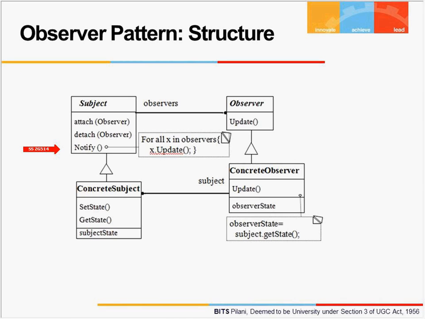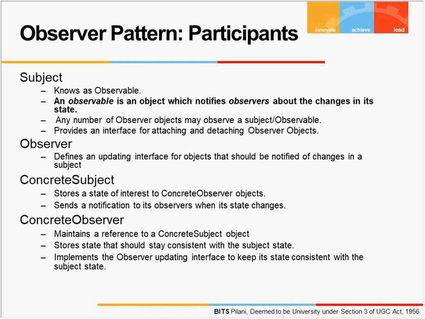Okay. The next participant is the observer interface. It defines an updating interface for objects that will be notified of changes in a subject. So this has an update method. Right? The concrete subject stores the state of interest to concrete observers. Whatever state the observers are monitoring is stored in my concrete subject.